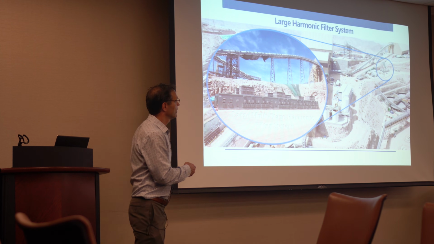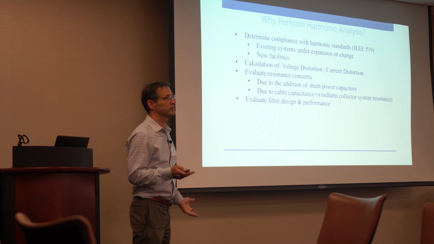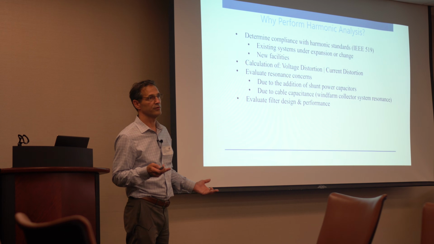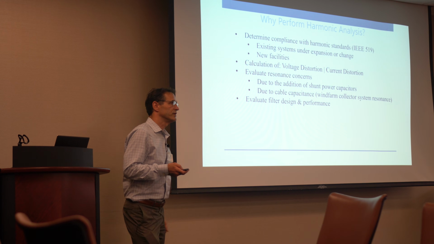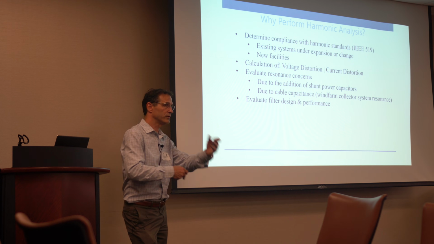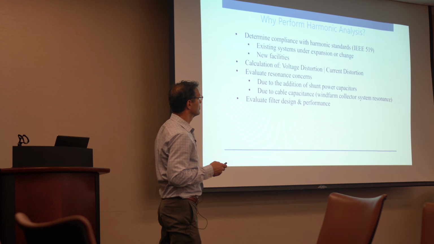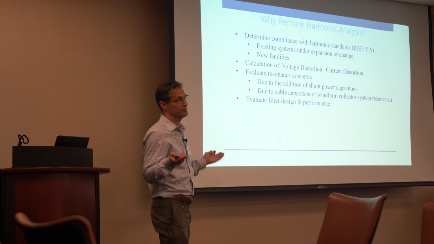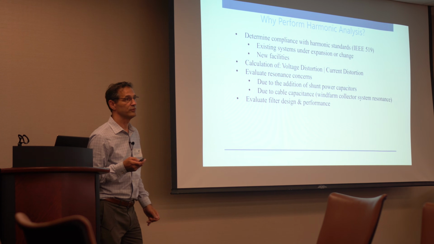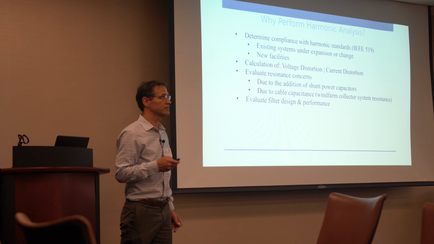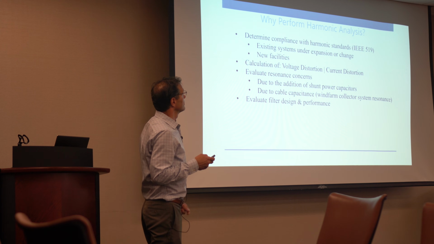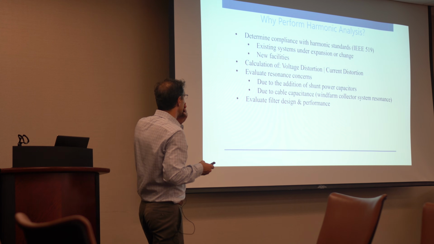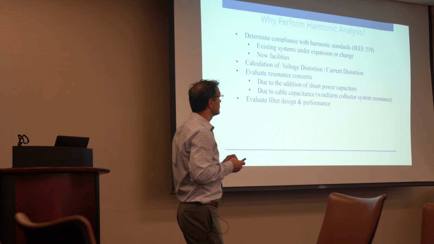So mine projects tend to have a lot of harmonics because they're using cycle converters, OCI drives, VFDs, all kinds of stuff for the grinding mills. So they use very large harmonic filters. Here in Houston, you're doing LNG projects, and you have also a lot of harmonics you're dealing with there, pump stations, things like that.